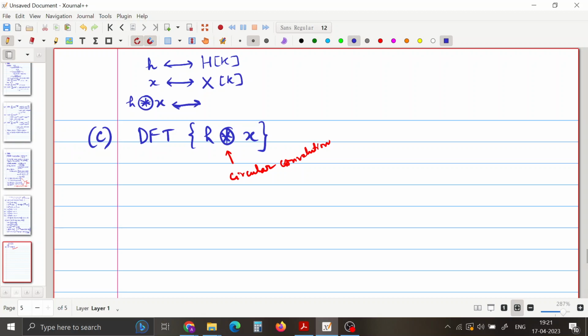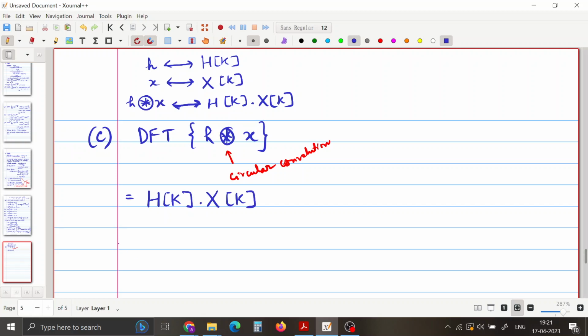Circular convolution in the time domain will translate to simple multiplication in the DFT. So this is just multiplication. That's it. See how simple it is. It is simply the product of the individual DFTs.